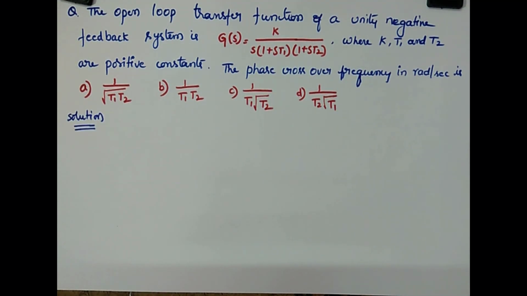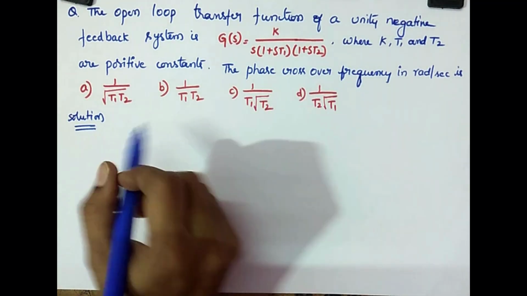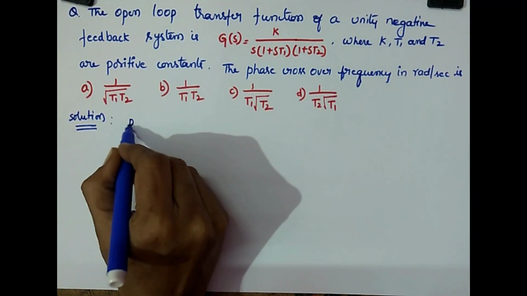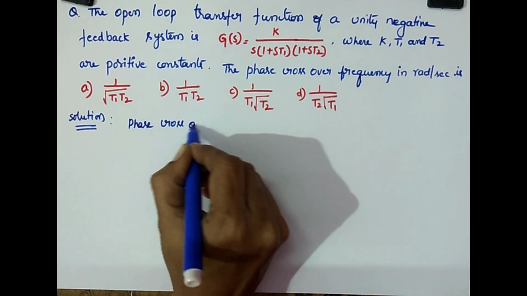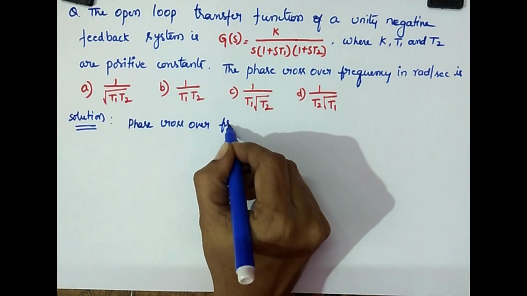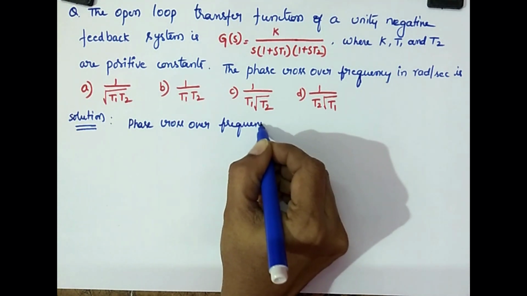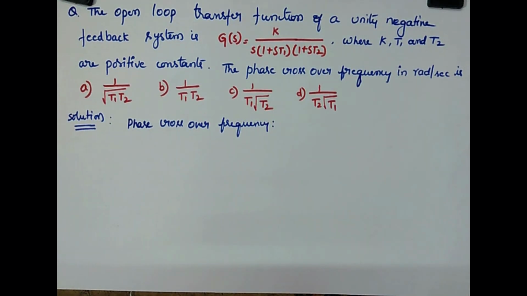This is a concept in Bode plots. Now let us see what the phase crossover frequency is. It is the frequency at which the phase of the open loop transfer function is minus 180 degrees.